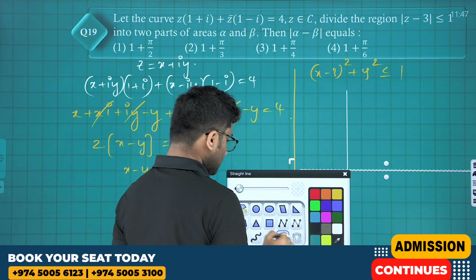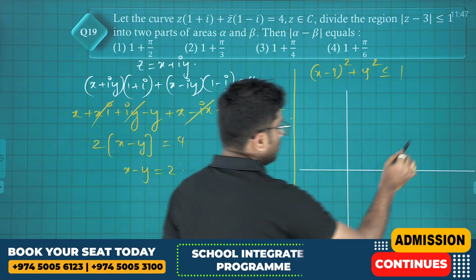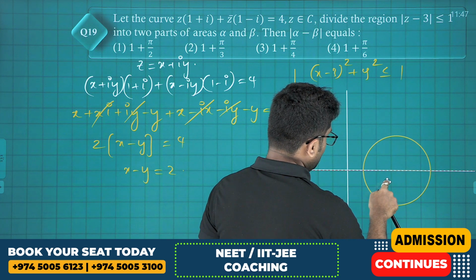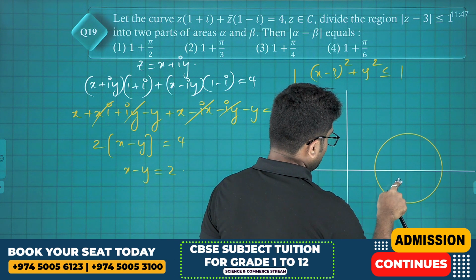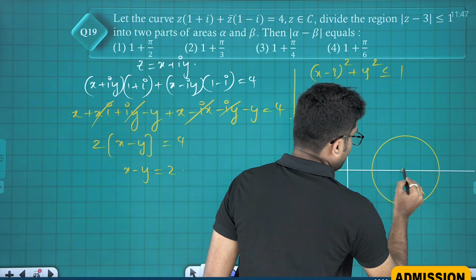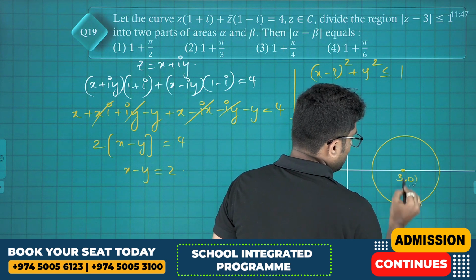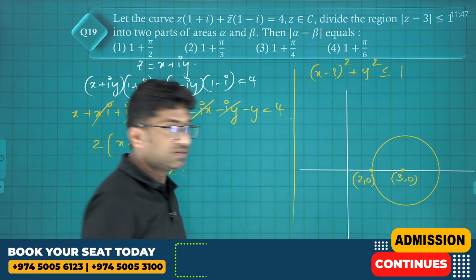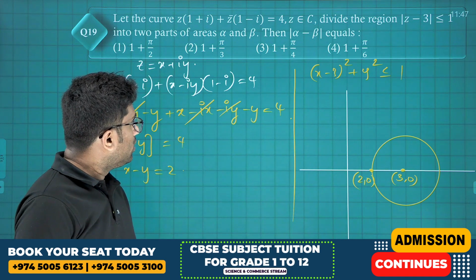There is one circle with the center, okay, the center of the circle is 3, 0. Radius 1, so this will be our 2, 0. Correct? For sure it should be.